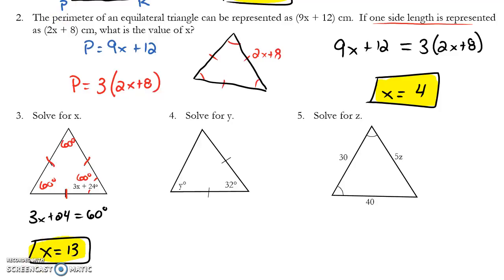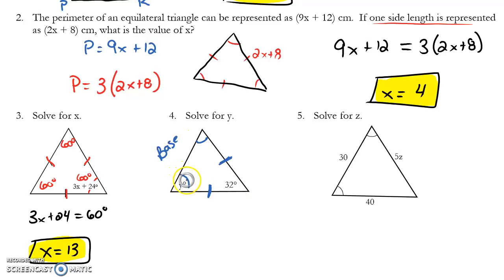In number 4, it's an isosceles triangle. These are my legs, which makes this side my base. That means these angles are congruent. My base angles are congruent. Well, I have a 32-degree angle for my vertex. My other angles must be equal.